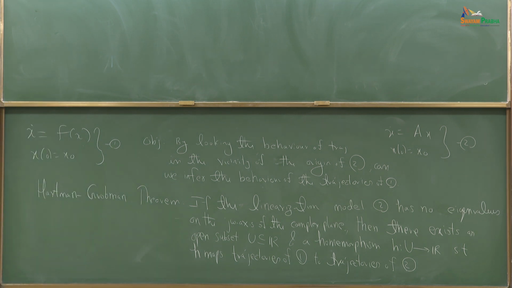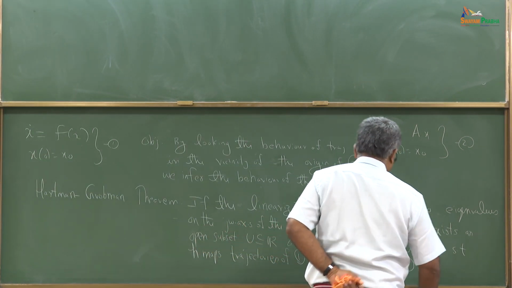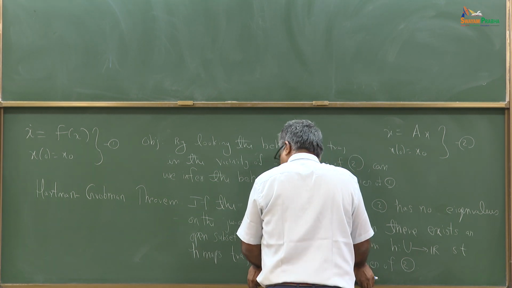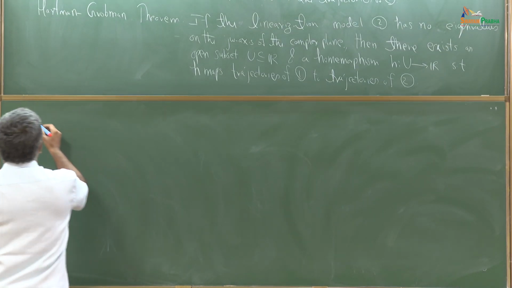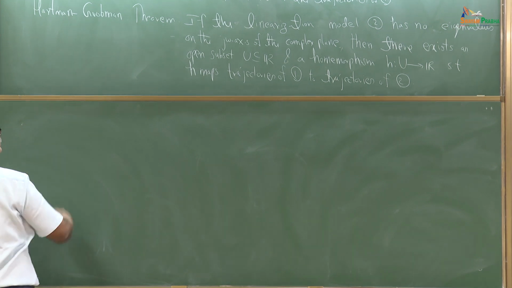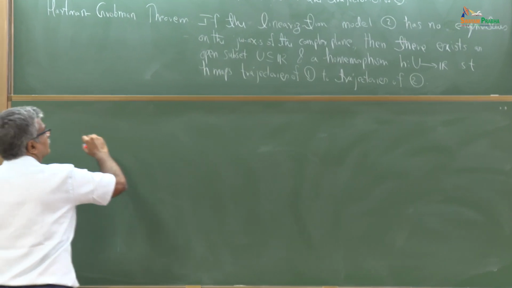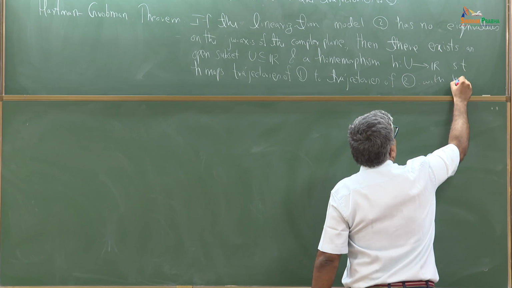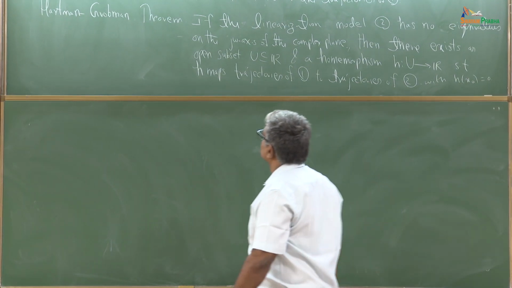So wordings have to be more clear. Furthermore, trajectories of 2, H of x not equal to 0.